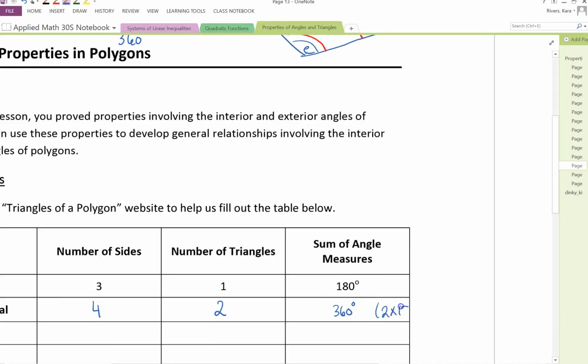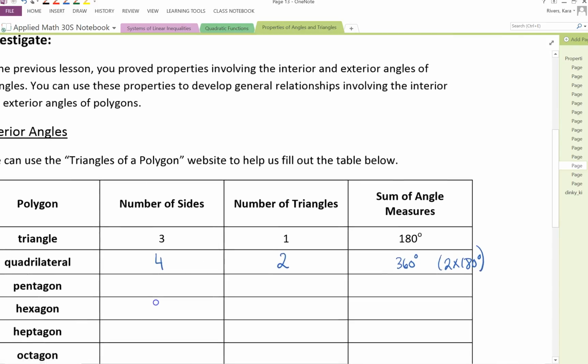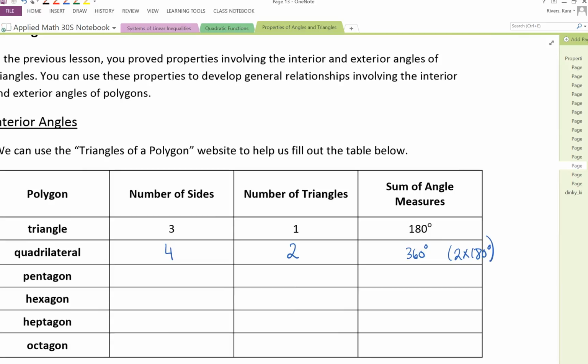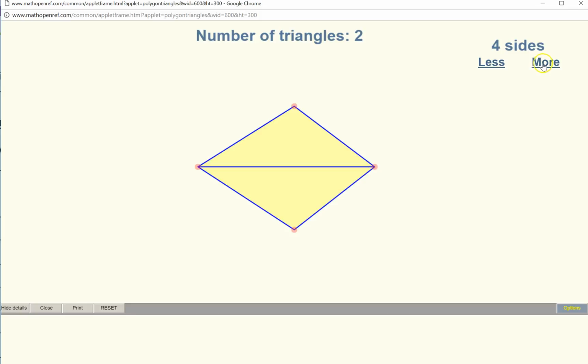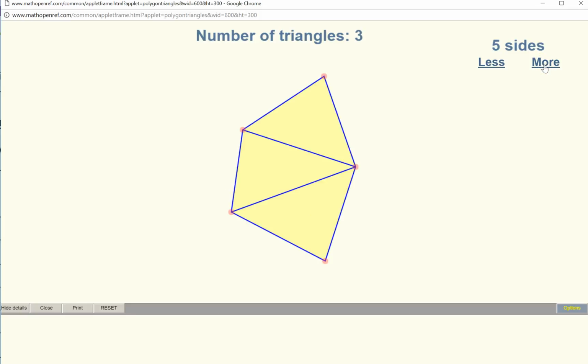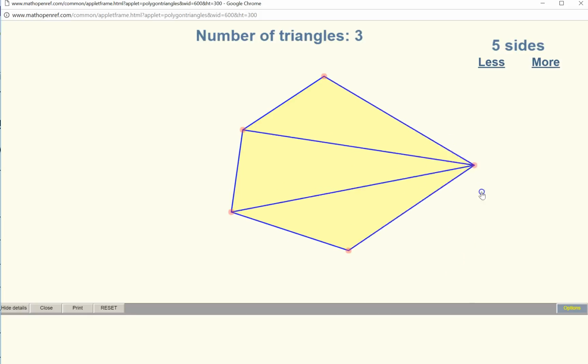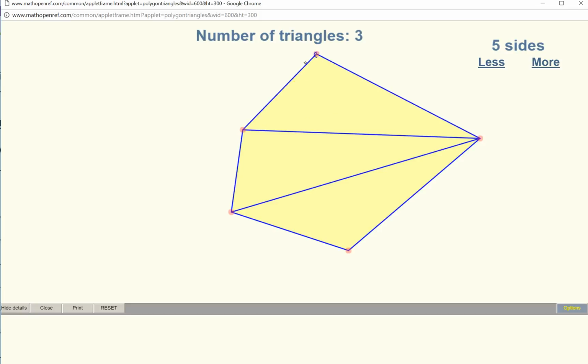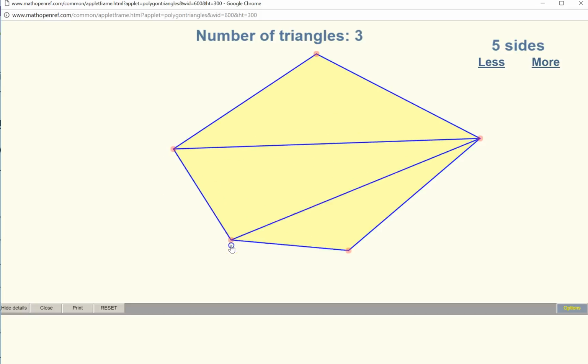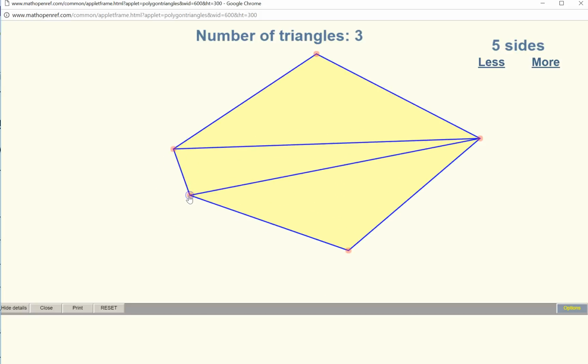2 times 180 degrees. Okay, let's see what happens when we increase the number of sides by 1 more. So this is now a pentagon, which would be a 5-sided shape. Let's go back and increase, so 1 more side. Here's my 5-sided shape, and again we can move this however we want, but it doesn't change how many triangles. You can still see no matter how we move this around, whether we make it a regular one or not.